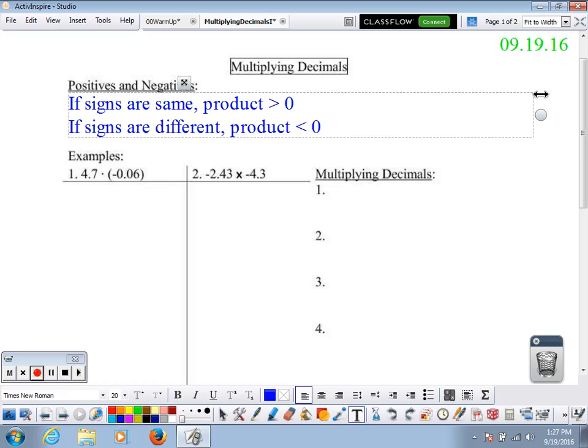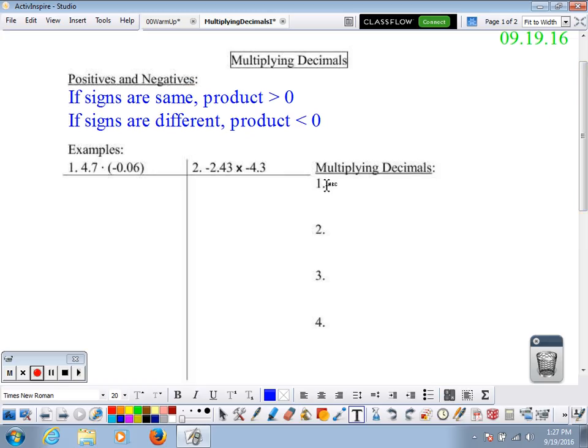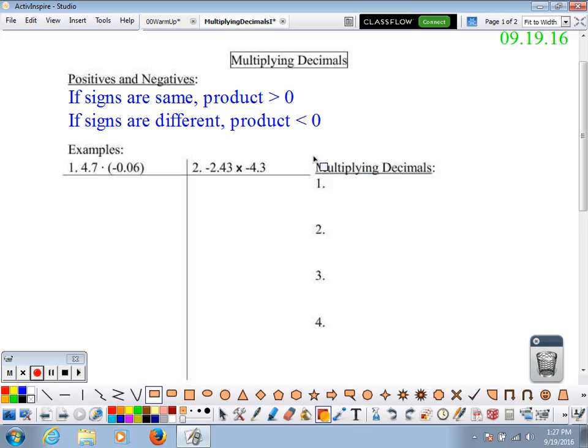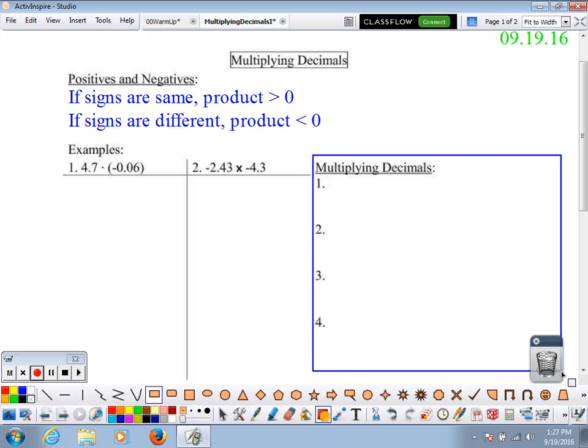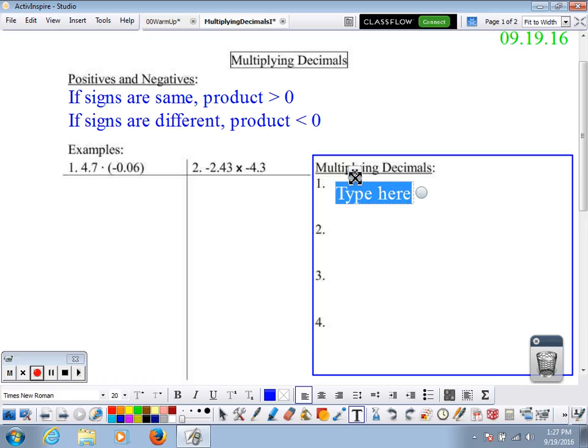All right, now let's talk about our step-by-step process for multiplying decimals. This stuff up here is kind of set off from everything else. This is kind of like our guidelines for what we're going to do. To multiply decimals, just like when we were multiplying integers, we said that we stacked the numbers.